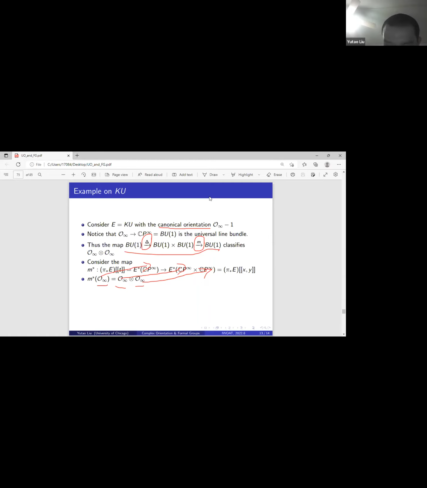So you can replace the three copies of the tautological bundle by T plus 1, X plus 1, and Y plus 1. So the image of T plus 1 will be the product between X plus 1 and Y plus 1. In other words, M(T) will be X plus Y plus XY, because M(1) must be 1. It is the trivial bundle. In other words, you will have the multiplicative formal group law, which we write as G_m, on the complex K-theory KU.